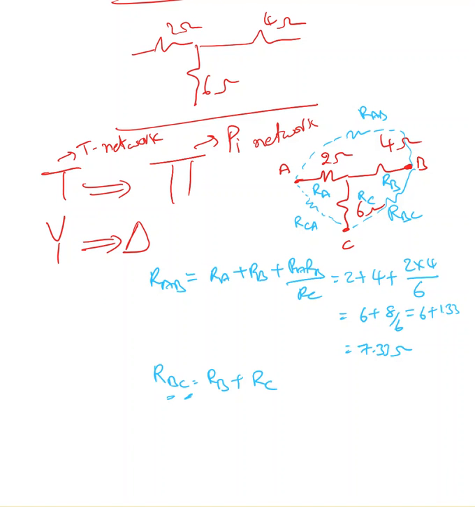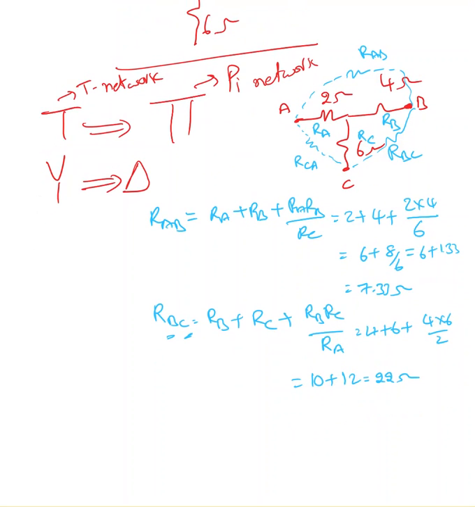Now RBC equals RB plus RC plus RB times RC over the remaining RA. So add these two, plus multiply those two, divided by the remaining RA. So I have 4 plus 6 plus 4 times 6 by 2, which is 10 plus 12, that is 22 ohm.